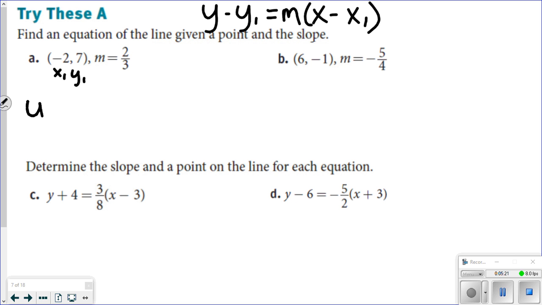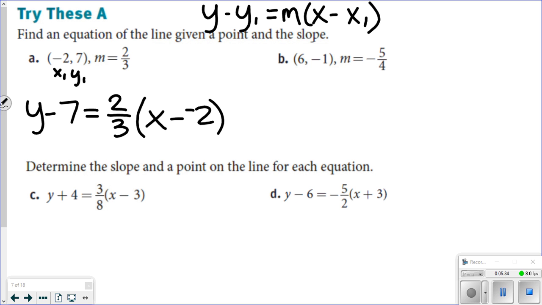So y minus y1, which is 7, equals our slope, which is 2/3, parentheses, x minus x1, which is -2. Well, we don't like to write it that way. It looks messy. We know that two negatives make a positive, so we are going to write +2. So notice our signs are the opposite.